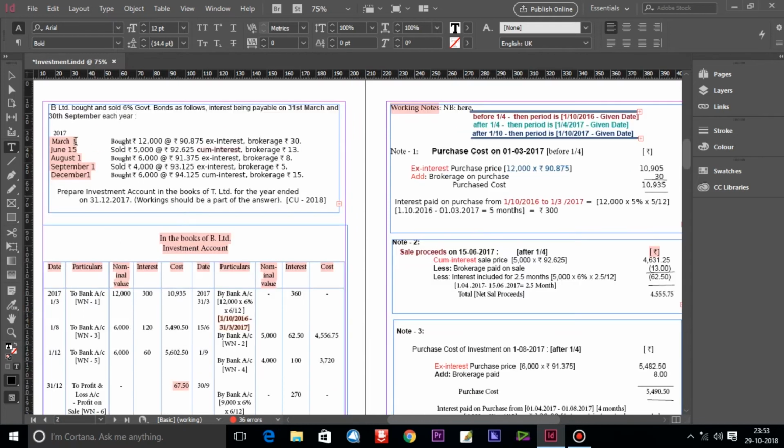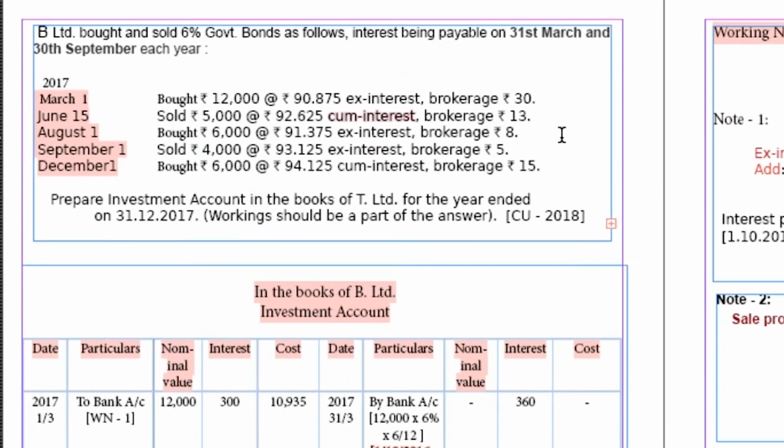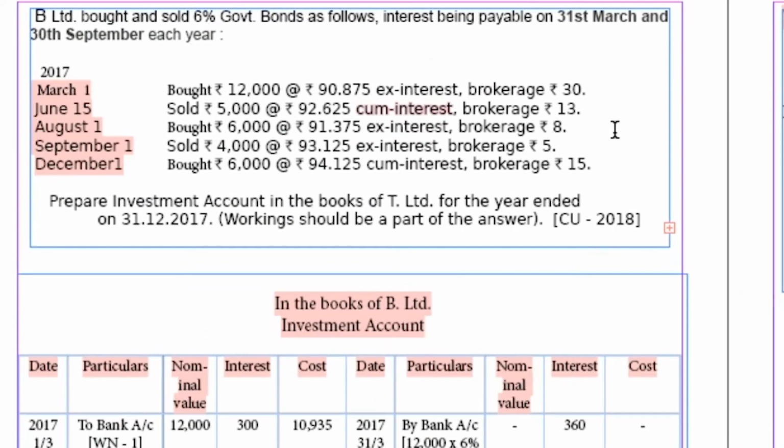Now I read the question. 2017 March 1, bought rupees 12,000 at the rate of rupees 90.875 x interest. Brokerage rupees 30.